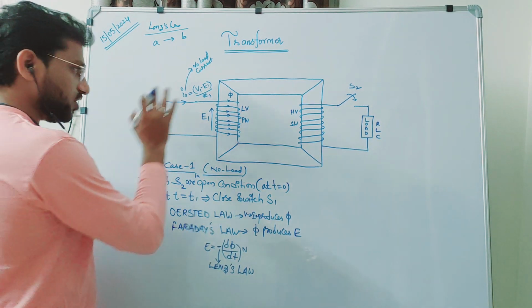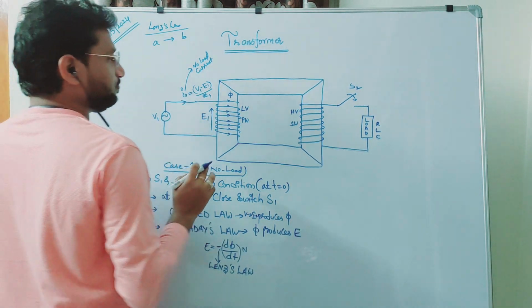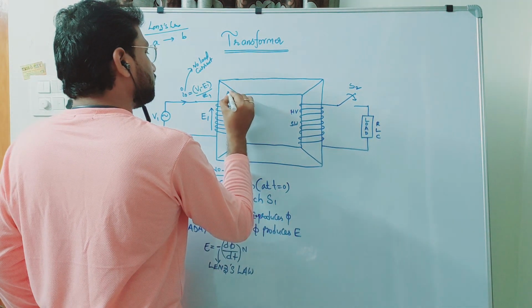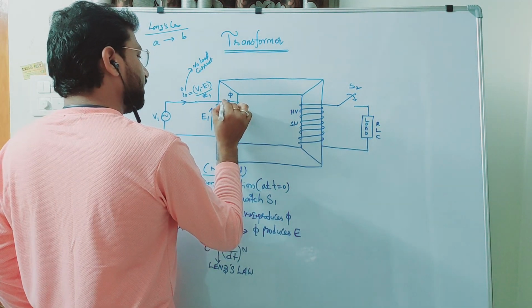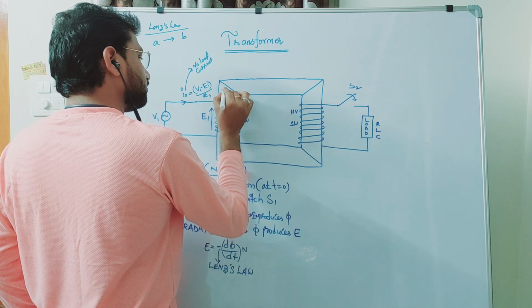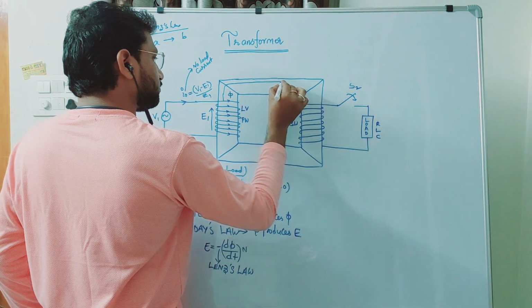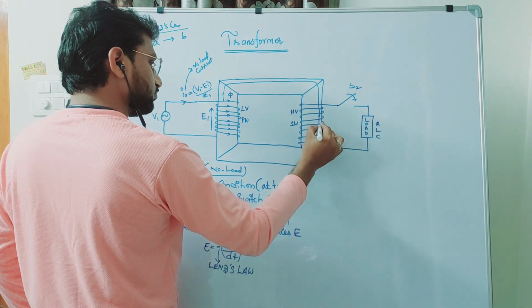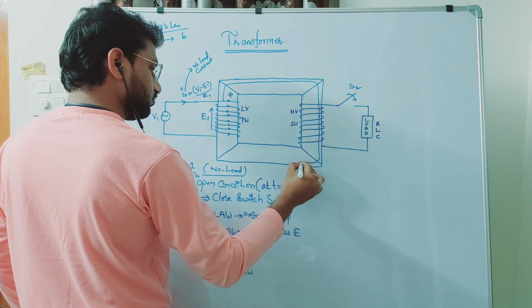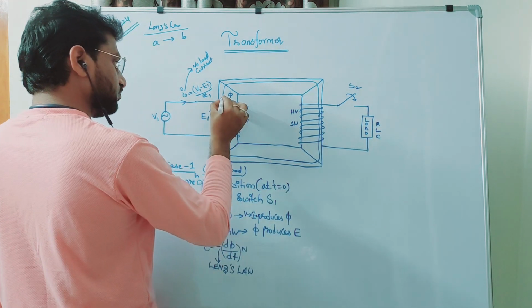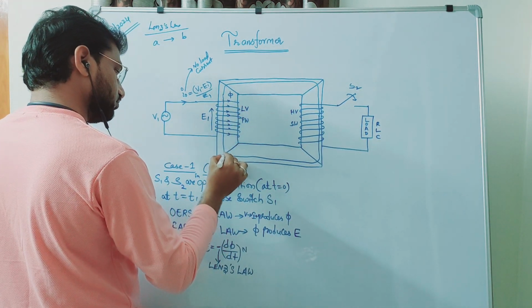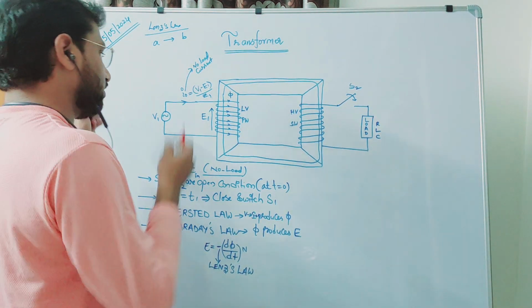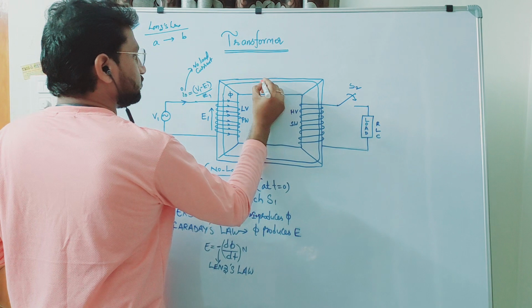Now, this is happening here. This flux not only links the primary winding, but also will travel like this. Let me mark this.